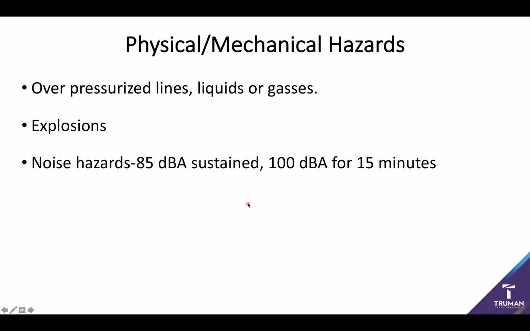If the sound is sustained at over 85 decibels, this is considered an official noise hazard. And if it only goes for short bursts, but it's over 100 decibels, again, this is considered a noise hazard. OSHA will shut us down if we have these, so please let us know if you find something that's too loud.